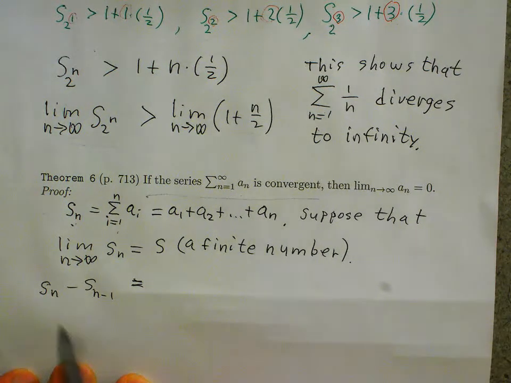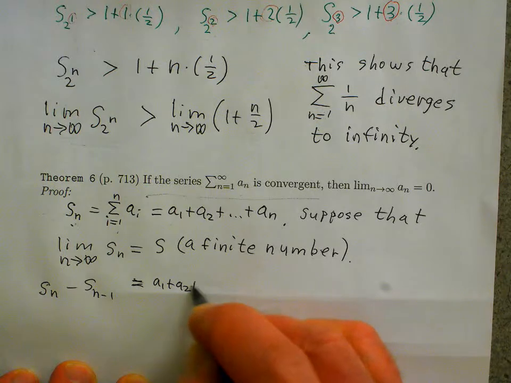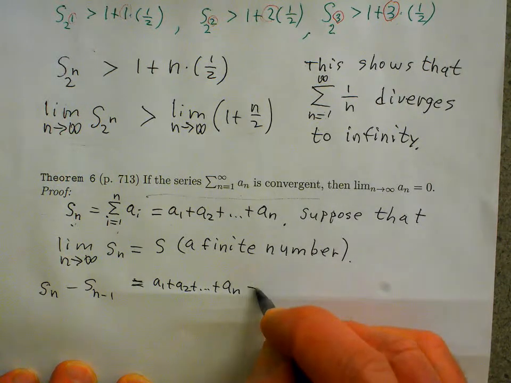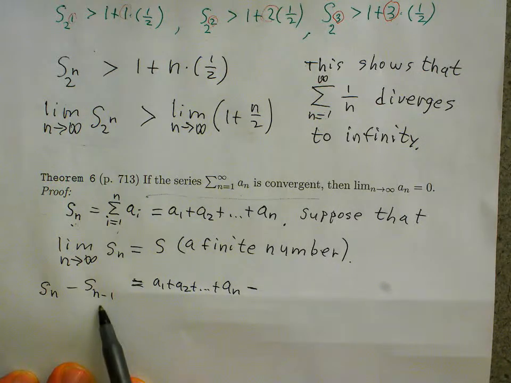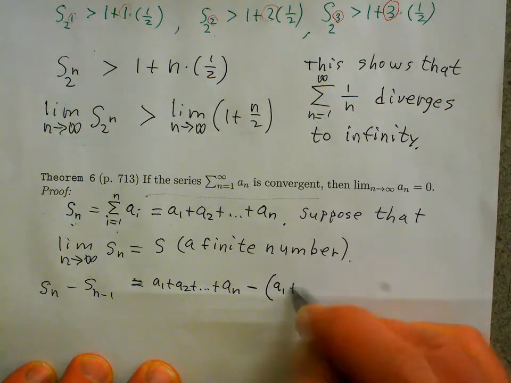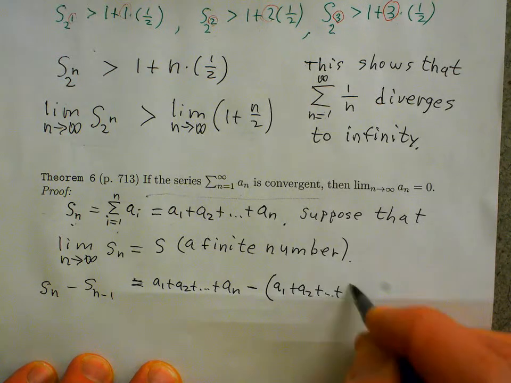Well, we can write it out. S sub n is a sub 1 plus a sub 2 up to a sub n. And we're going to subtract the n minus first partial sum. So we're going to subtract a sub 1 plus a sub 2 and so on up to a sub n minus 1.